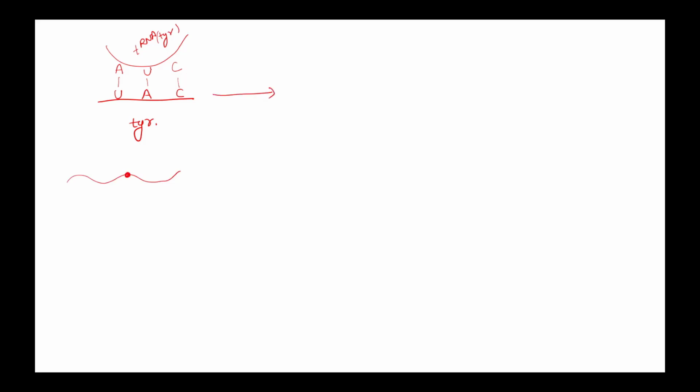But suppose there is a mutation in this codon at this place, and it becomes a stop codon. It doesn't code for any amino acid.